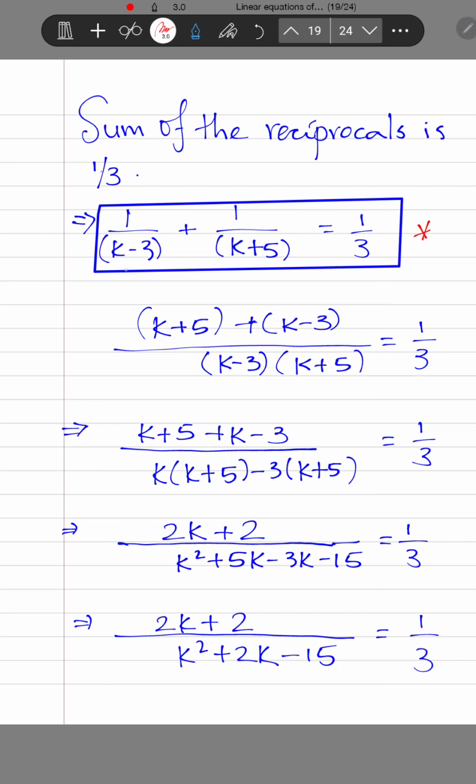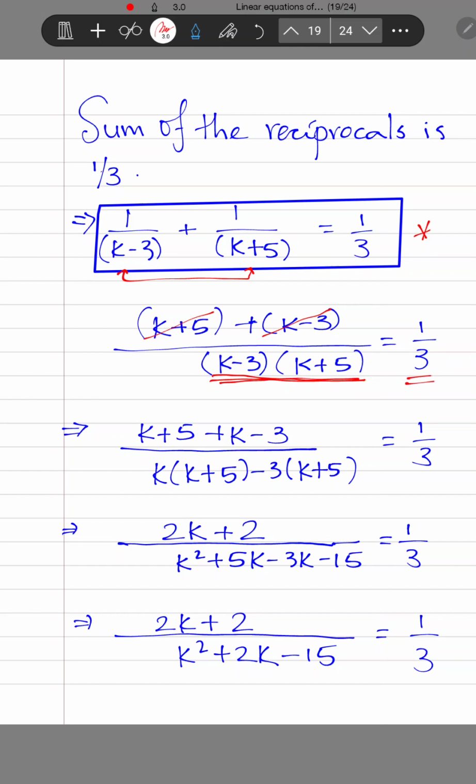Now we take as the denominator the LCM of these two factors, which is just the product of the two factors themselves, so K minus 3 and K plus 5 as the denominator. When we divide the denominator by K minus 3, we have a K plus 5 here, and then we have a K minus 3 here. Good. This is equal to 1/3.